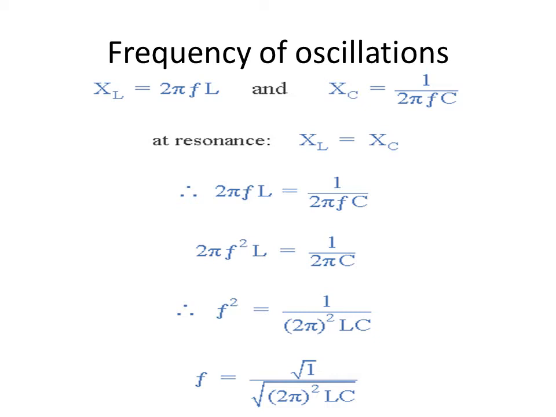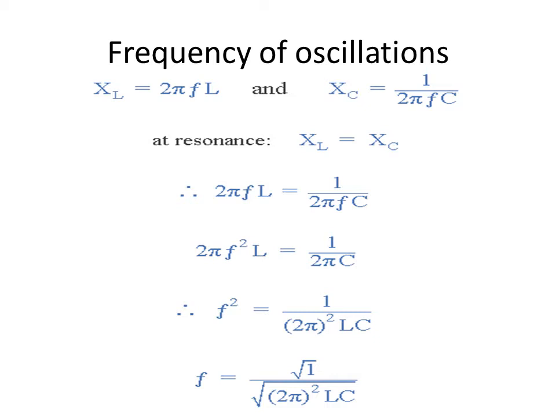2πfL is equal to 1 by 2πfC. You take f from the right side to the left side, so that it makes f squared. So you evaluate f squared and you will get 1 by (2π)² times LC. That will give you f equal to 1 by 2π root of LC. So that is the equation.